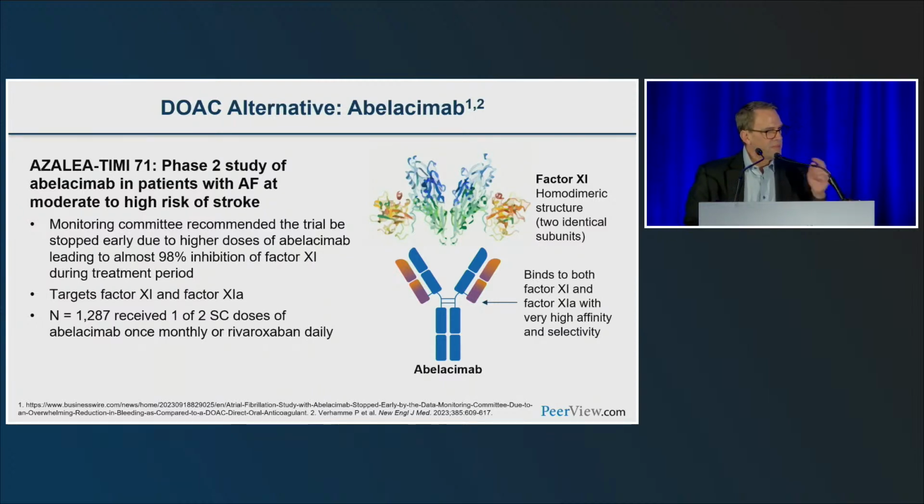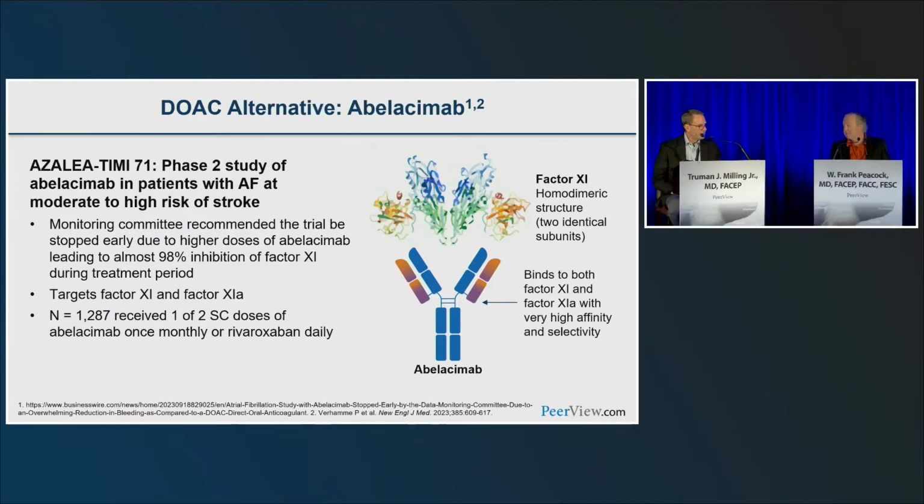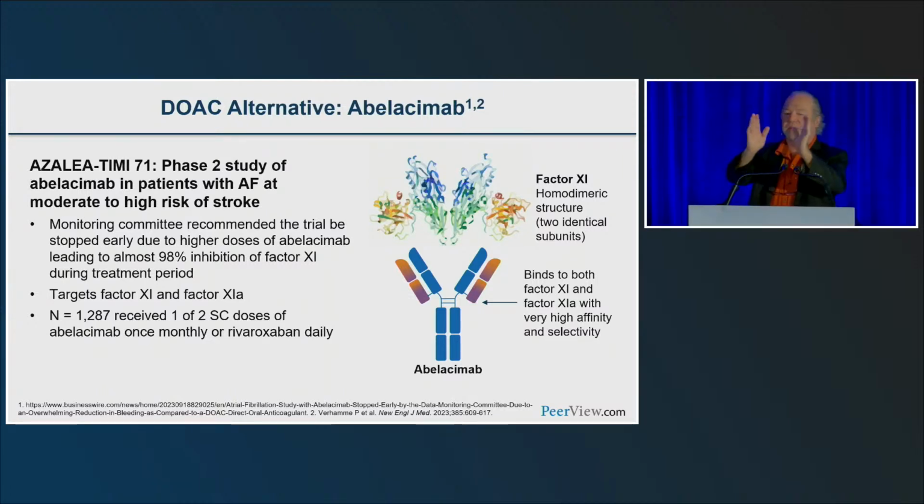Frank, do you want to talk a little bit about the factor 11 inhibitors, since maybe the game is about to change again, and just when you solve the problem, there's a different problem, but it may not be a problem. Yeah, I'm Frank Peacock, I'm from Baylor. And this is going to be a game changer again, because we move further up the coagulation cascade. We're going to take one arm out instead of two.